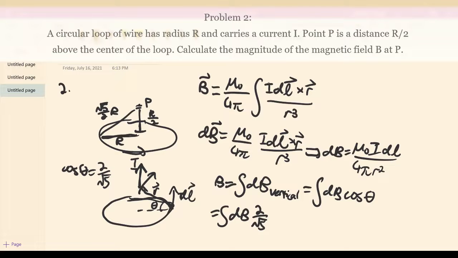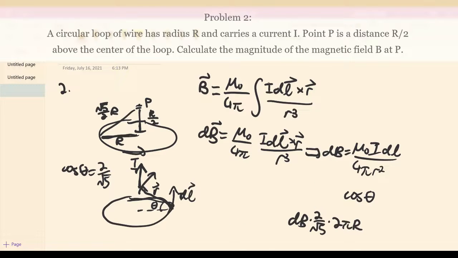This integral might look pretty hard at first, but for every single point on the loop, it's the same. So there really is no actual calculus involved. You just multiply by the length of this entire loop because it's constant. So it would just be dB times 2 over square root 5 times 2 pi r.